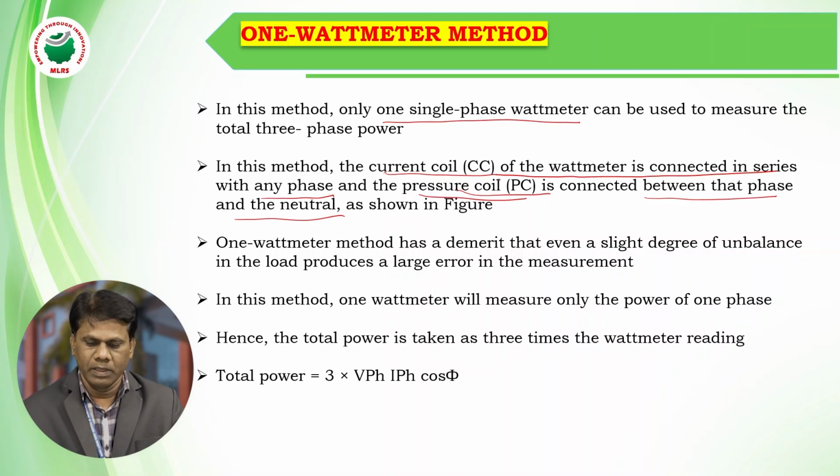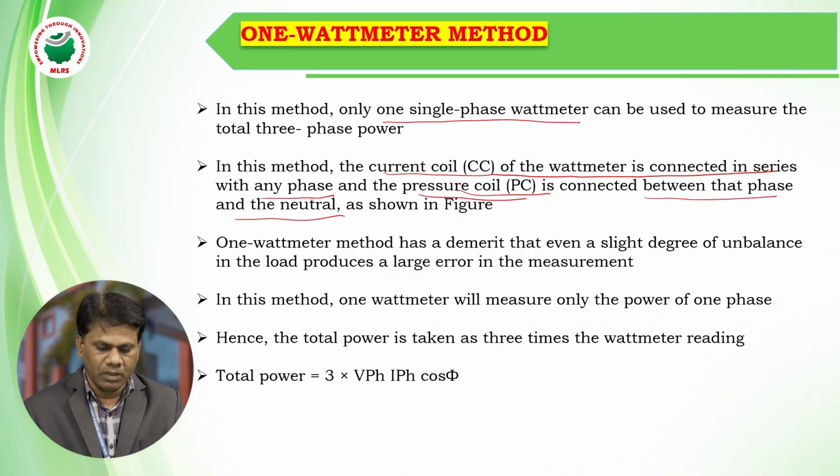The current coil of the wattmeter is connected in series with any one phase of a three-phase balanced or unbalanced load, and the pressure coil or voltage coil is connected between that particular phase and neutral. That is the connection of the wattmeter.